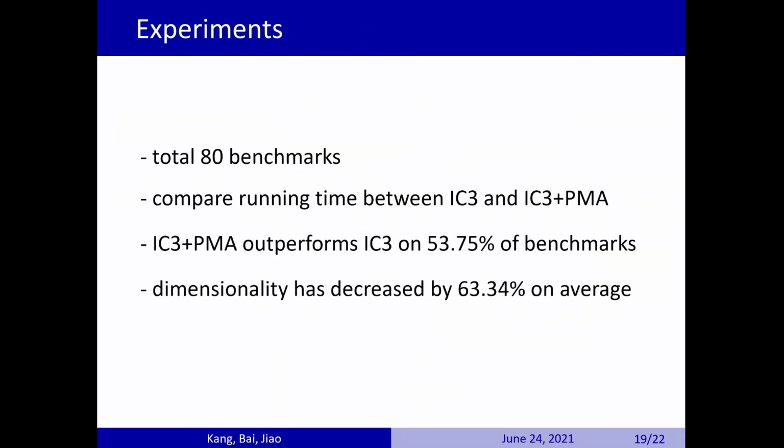The last part, experiments. We have collected almost 100 benchmarks from several sources and compared running time between SC3 and SC3 plus PMA. SC3 plus PMA outperforms SC3 on 53.75% of benchmarks, and the dimensionality of the abstraction allowing a conclusion has decreased by 63.34% on average, compared with the original Petri nets.